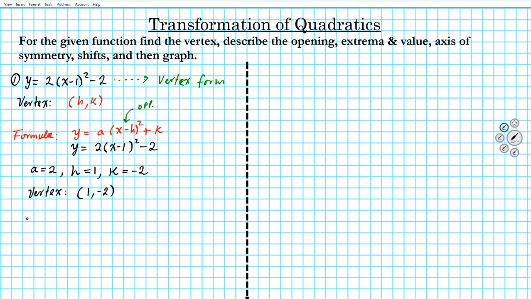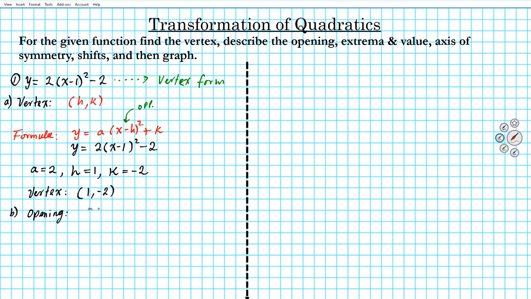Now let's figure out the next part, which is the opening. Let's alphabetize it: A is the vertex, B is the opening. How do you find the opening of the parabola, the related graph of this quadratic function?